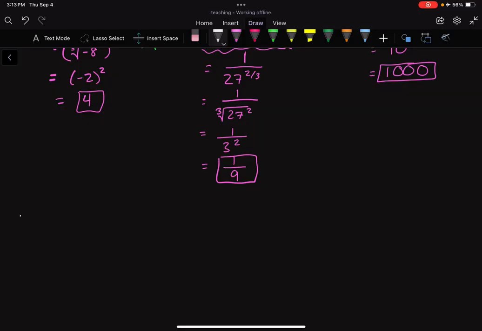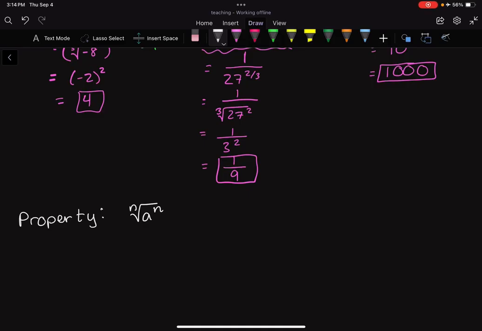Okay, I'm going to give you another property here. It's really just one property. So if we're looking at something where we have the outside of the radical and then the power, what if they're the same number?